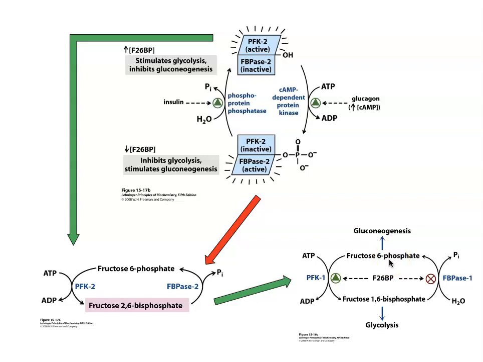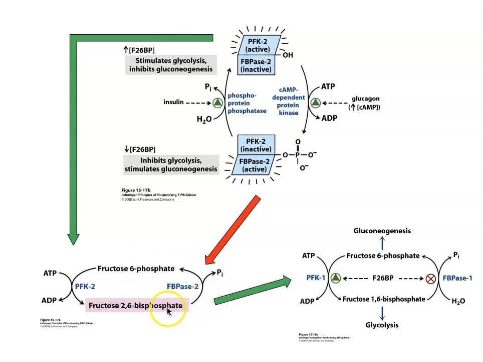Now, on the opposite side, when the blood glucose levels are low, then glucagon gets secreted, and what would it do? It would phosphorylate the protein, and when the protein or the enzyme is phosphorylated, the FBPase2 function is activated. It'll start breaking down fructose 2,6-bisphosphate to fructose 6-phosphate.